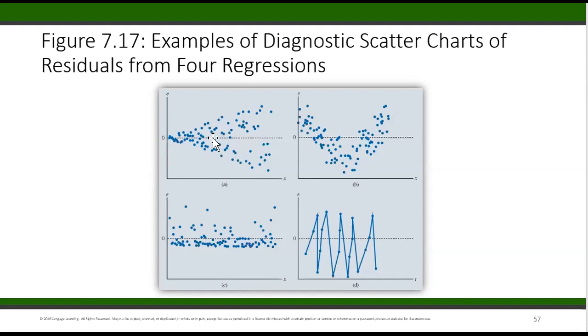If you take just the points in a small neighborhood for x, you will have the center always at 0. So the mean of error is always 0. That's not violated.